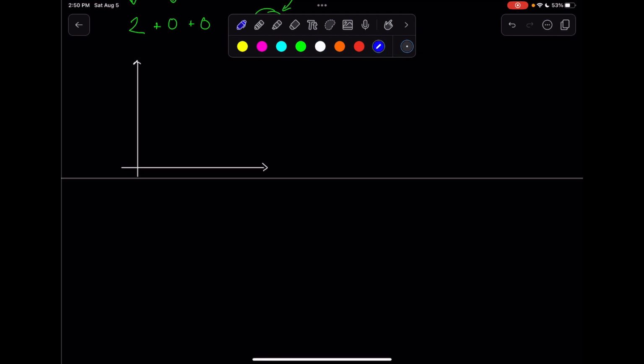So let's imagine that I have some sort of closed line integral. Okay, we're going to keep this simple, and let's just say that we have a closed path.